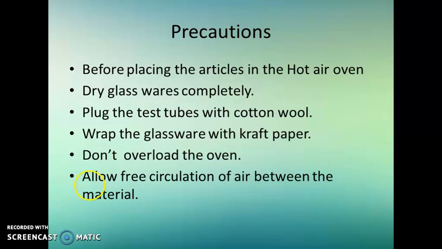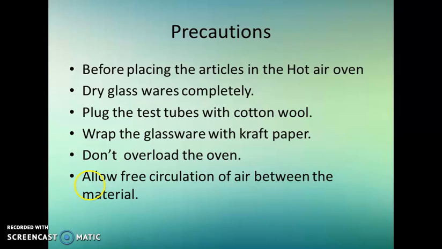Next, another precaution we should remember: before placing the articles, make sure that we dry those articles before keeping them in the hot air oven. That is, dry glasswares completely, and also plug the test tubes with cotton wool.